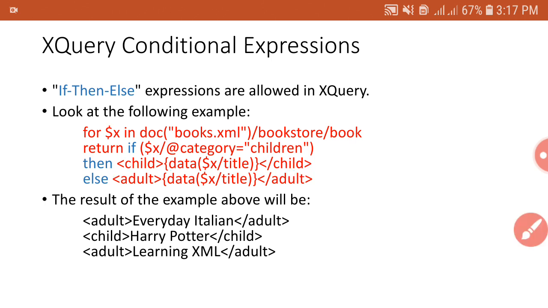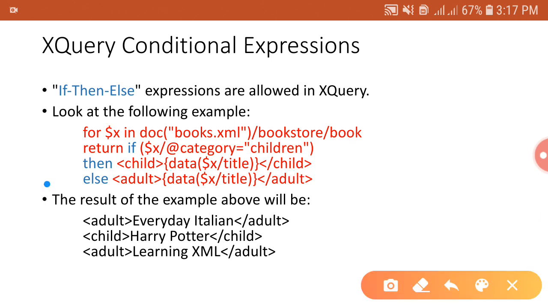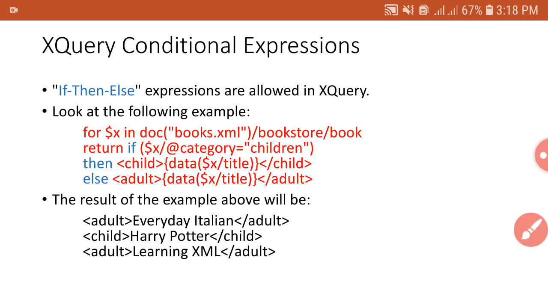If the condition is not satisfied, then it will go in else part. If the book's category is not children, then book's title element content is enclosed in adult element. Okay, so the result of this example is here.